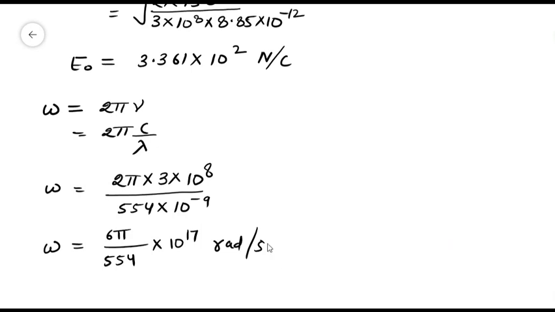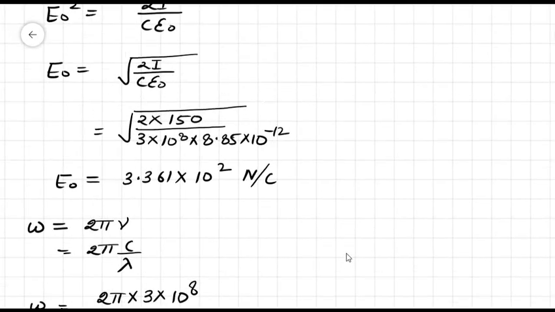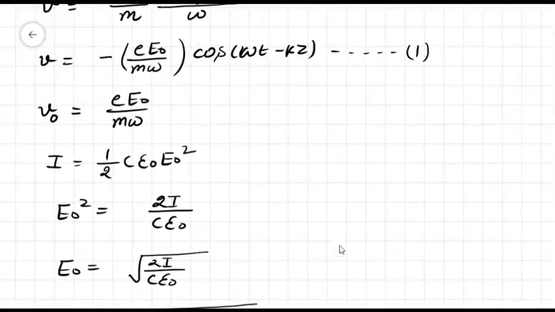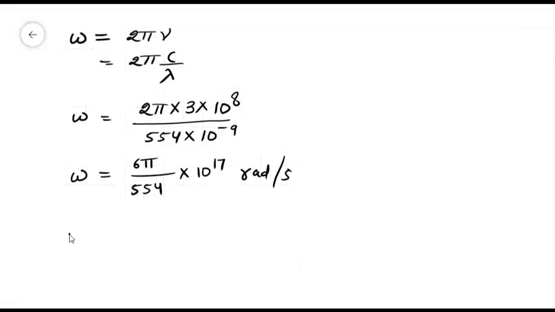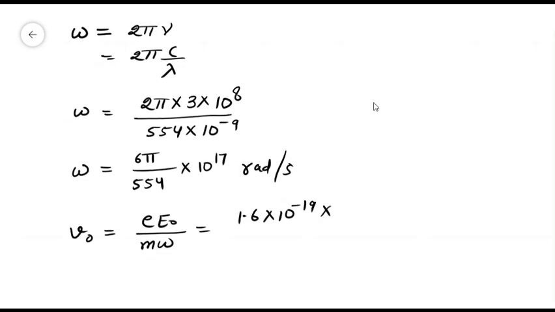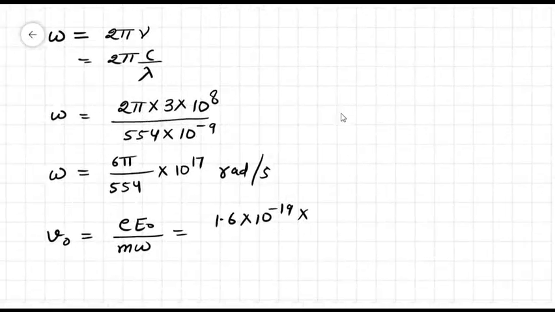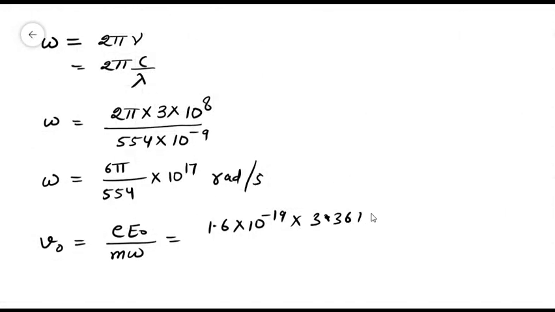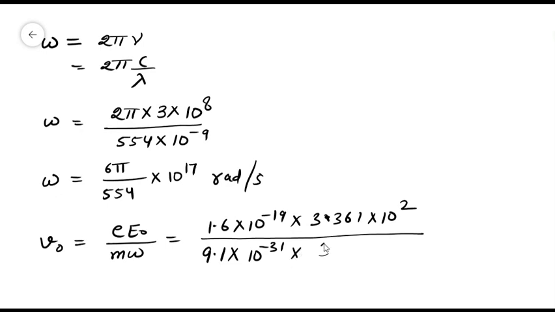Now putting these values back in the expression of v naught, what will we get? v naught equals e E naught divided by m omega, equals 1.6 times 10 to the power minus 19 times the value of E naught, that is 3.361 times 10 to the power 2, divided by the mass of the electron, 9.1 times 10 to the power minus 31, times 6 pi divided by 554 times 10 to the power 17.